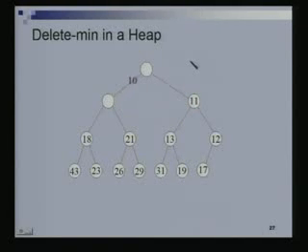So 10 is the smaller one, I move 10 up there. So I have an empty location now here. It's natural to take the smaller of these two and move it up there, and this moves the empty location here. And now it's natural to take the smaller of these two, 23 and 43, and move it up at that empty location, so that now we have an empty location here.